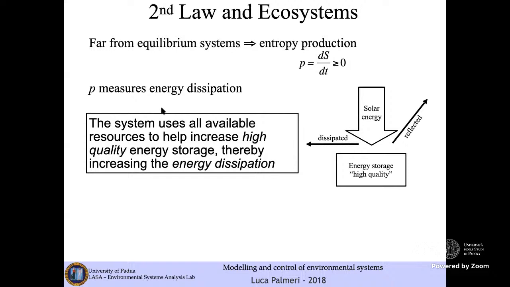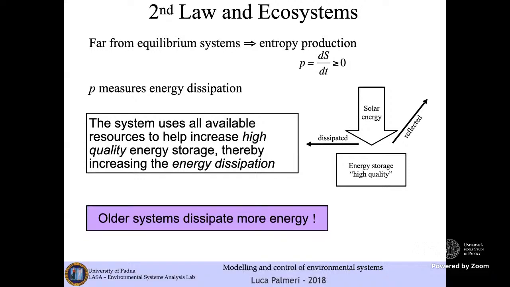And this is a consequence and a measure of the energy dissipation. So graphically, we may say that the solar energy that is the basis of all energy transformation is partially dissipated according to the second law of thermodynamics applied to ecosystems, partially reflected, and what remains locally is energy storage of higher quality.